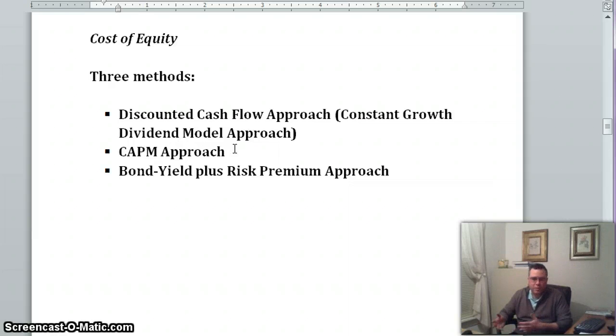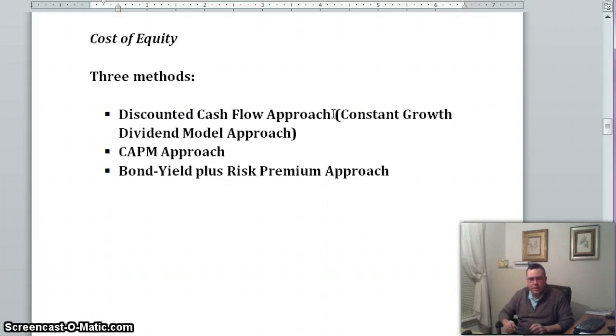Do we use daily returns, monthly returns? All those different possible inputs into the CAPM can lead to different results for your cost of equity, whereas the discounted cash flow approach, first off, is a little more intuitive. It's straightforward. You're not worrying about this strange beta thing, which a lot of people don't understand very well, but it also tends to be a lot more stable. You get the same answer even if you change your inputs a little bit.